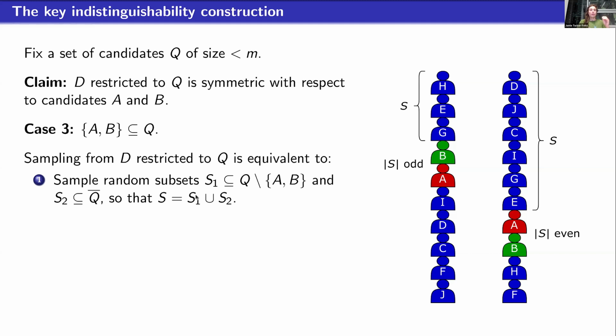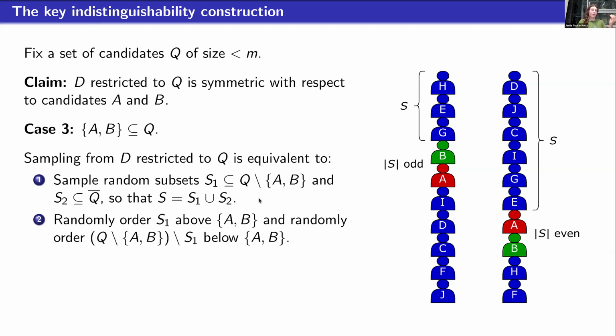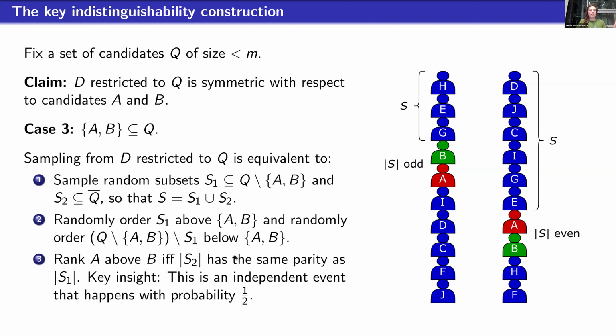And so that's like saying S is S1 union S2. I have the random subset of things within Q and the random subset of things outside Q. Then what the algorithm is doing is I randomly order S1 above A and B and the things not in S1 below A and B. And then the final step of the algorithm is determining whether A is greater than B. Well, that's if S is even parity, which is the same thing as saying S2 has the same parity as S1.